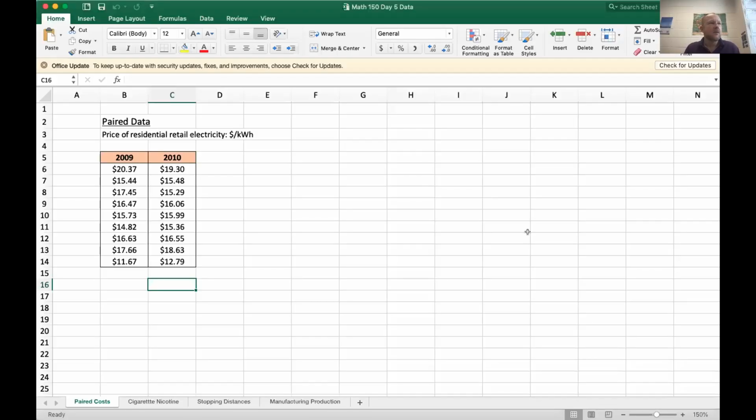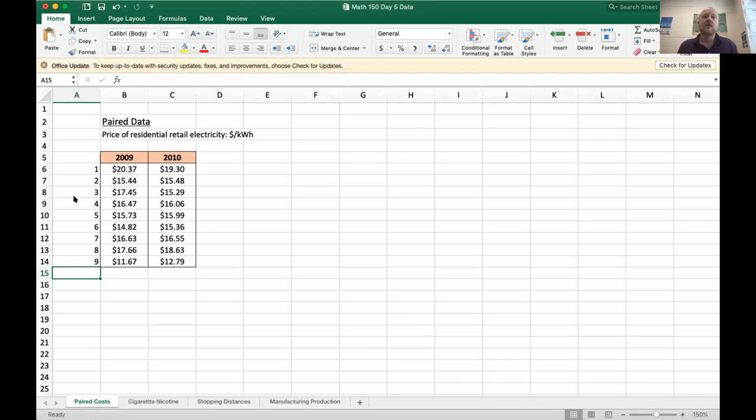Okay. So the thing that you are seeing on there is data for two different years of retail electricity costs. The notion is that if you put household 1, 2, 3, and so forth down this side, household 1 had a cost for electricity per kilowatt hour of $20 in 2009 and $19 in 2010.